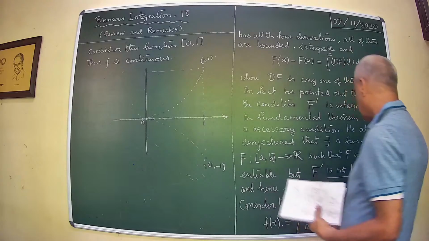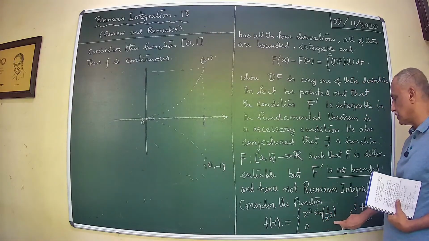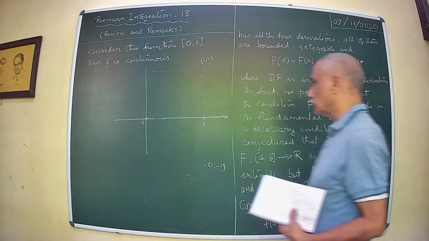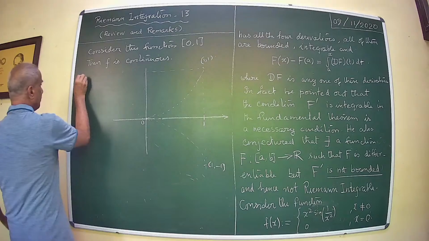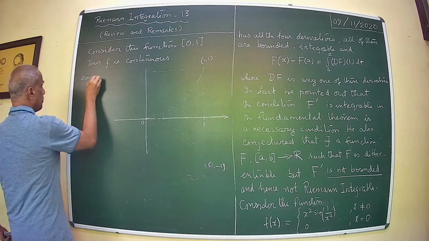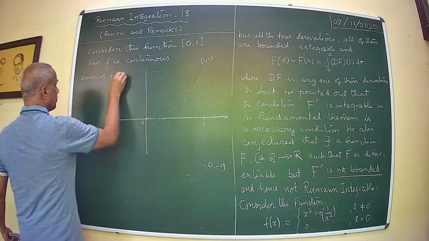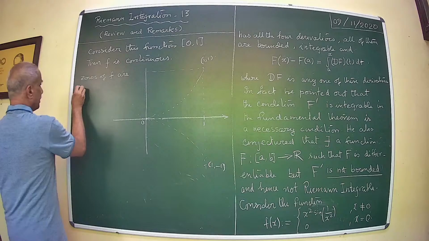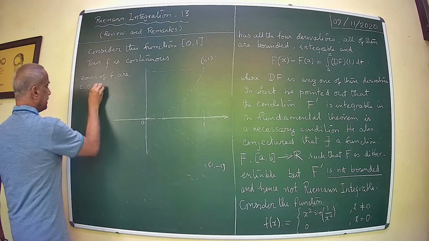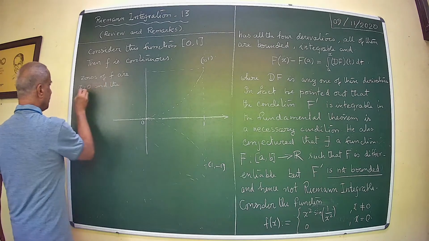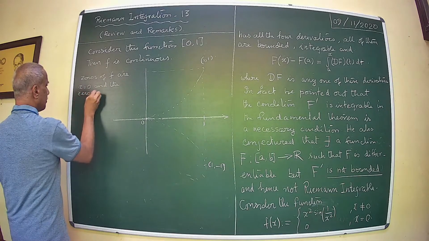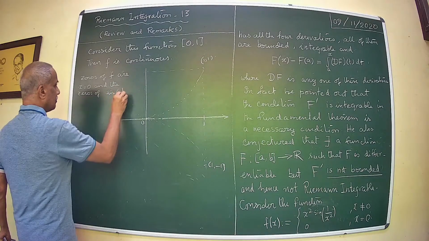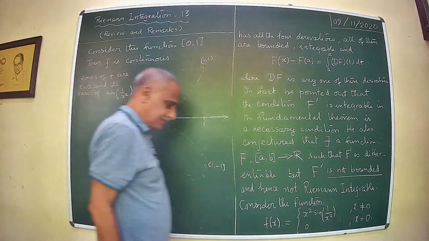But then other zeros of this function are the zeros of sine 1 by x squared.